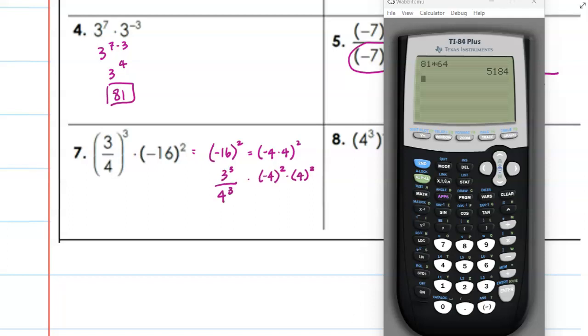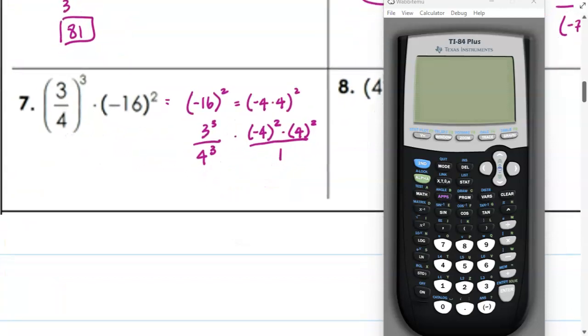4 to the third. Okay. Whoa. And this is over 1, right? Over 1. And then, let's see. I see common bases here, right? And so that would mean 2 minus 3. So that would be 3 to the third times negative 4 to the second over 4 to the 1, I'm sorry, to the 1, okay?